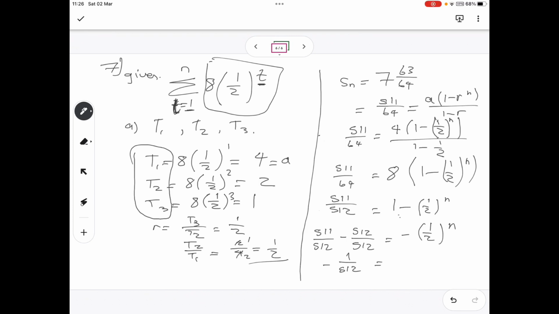Equals negative a half to the n. How many times can you multiply 2 by itself to get 512? 256?